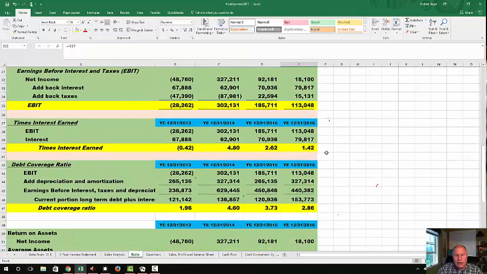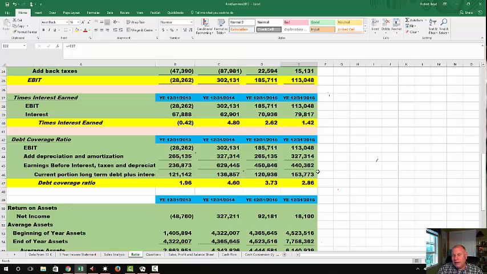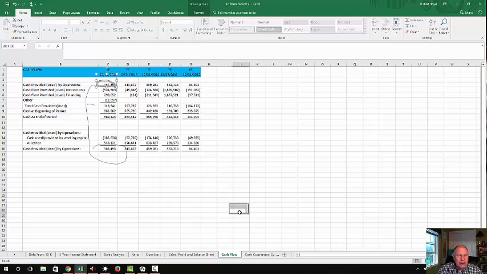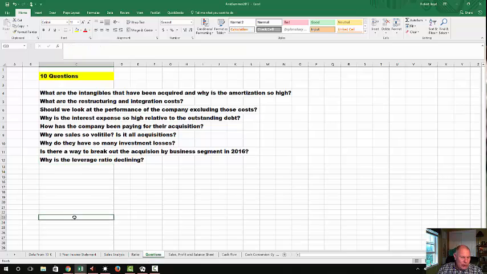But when we're looking at the EBITDA and the times interest earned, we're really seeing that there's a lot of coverage here. And the cash flow, when we looked over here, we realized that operations is still providing a lot of cash, okay? And that becomes important when we're looking at a company. So those are the questions.